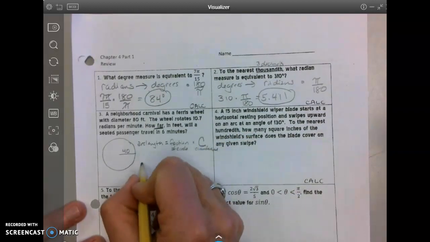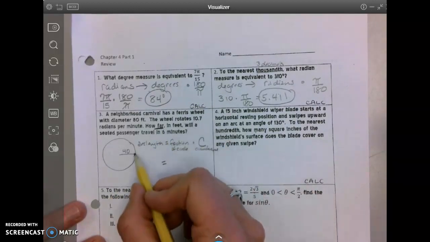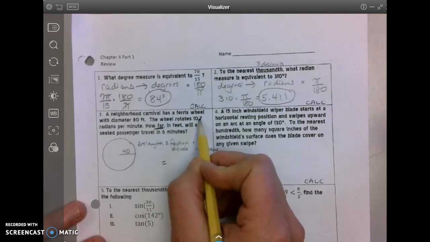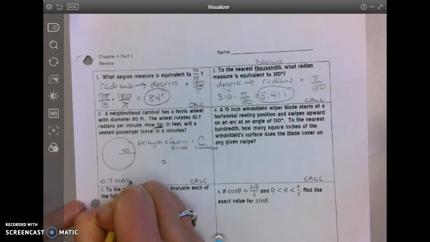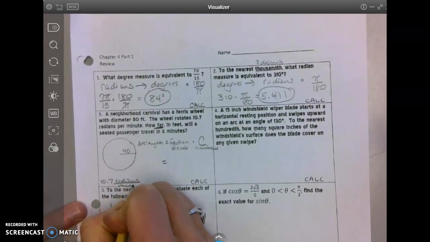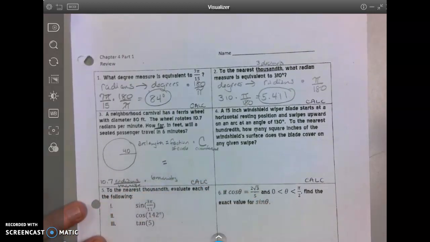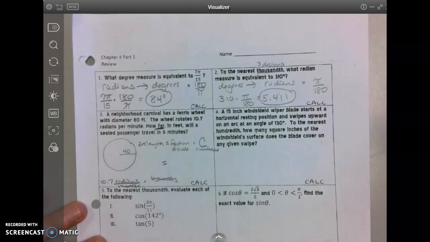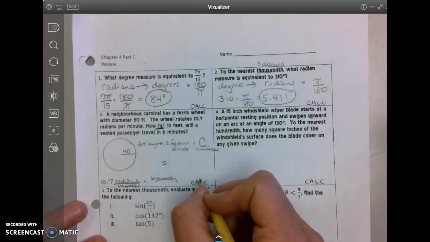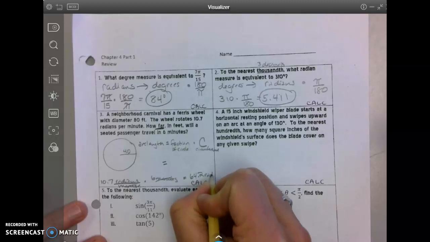Okay, so my arc length, which I don't know, my fraction of the circle, let's see, I've got 10.7 radians per minute for 6 minutes. And when I multiply that, so the minutes cancel, 10.7 times 6, I get 64.2, so it's 64.2 radians.